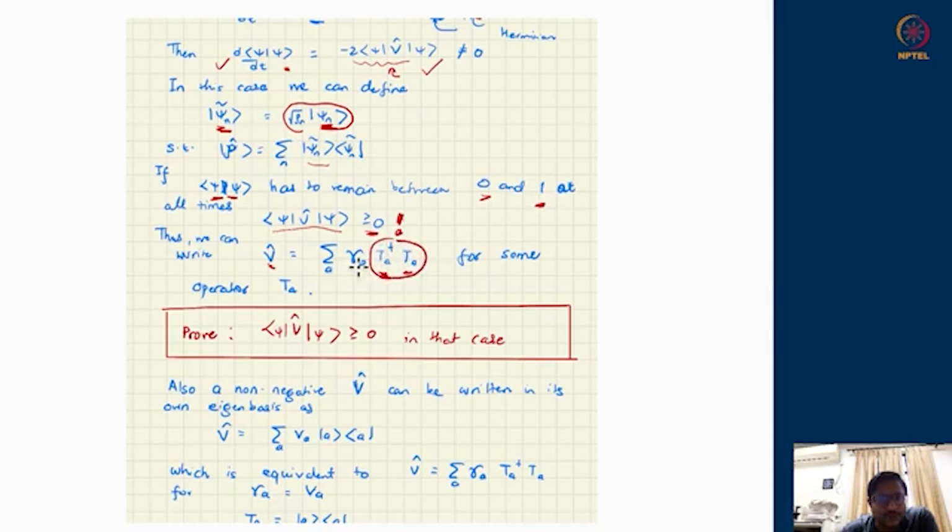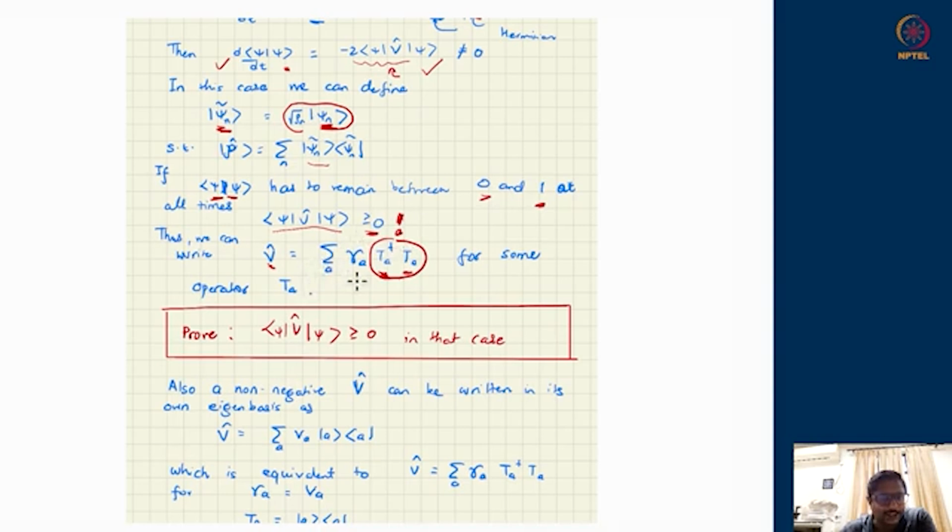And suppose more than one dissipative process is going on, for example, more than one particle the atom has interacted with, then this total V should be the sum over all such dissipative processes. So T_A controls one dissipative process and the summation over A controls all the dissipative processes.